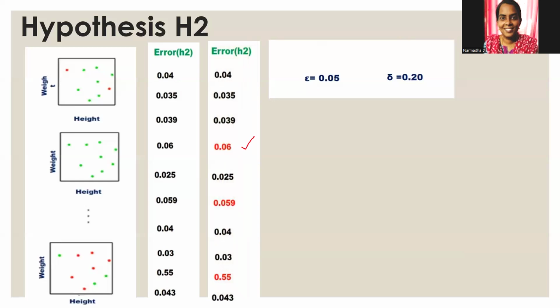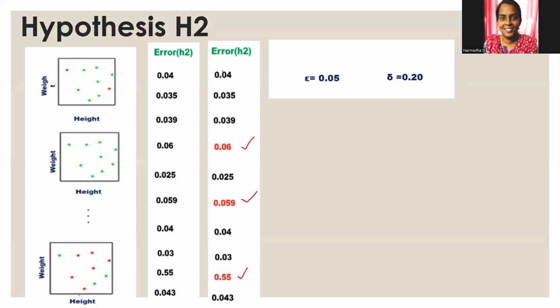We see that 0.06, 0.059, and 0.055 are too high. Those are 6%, 5.9%, and 5.5%. But every other value is less than the error limit.